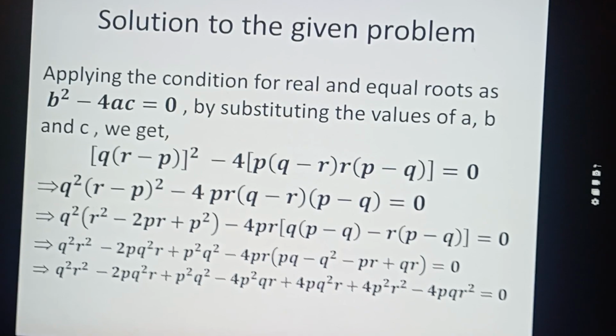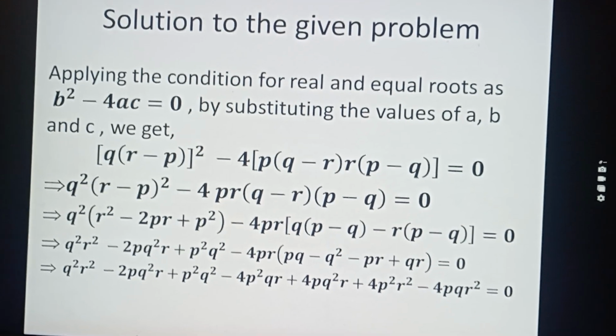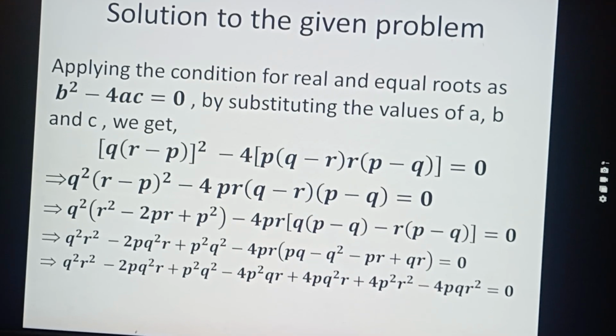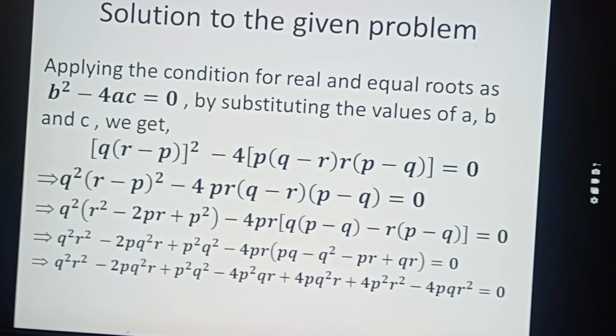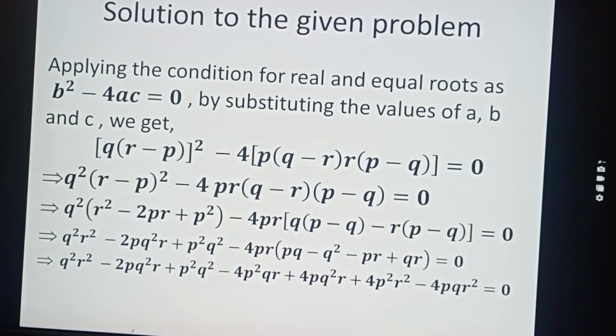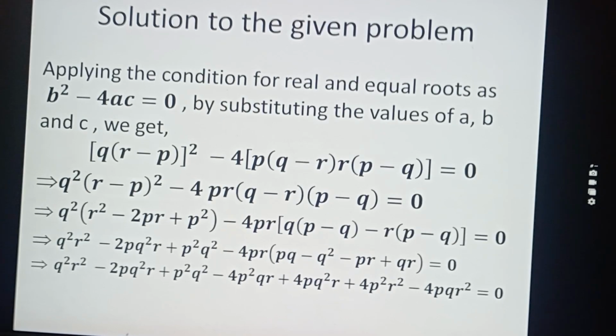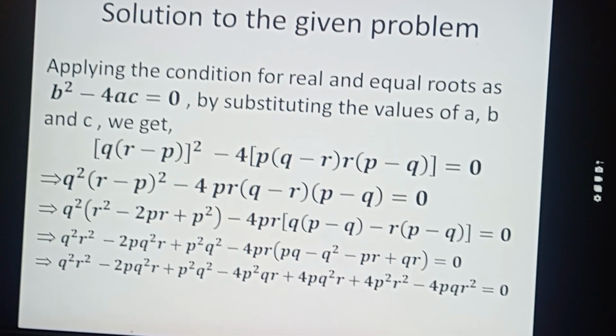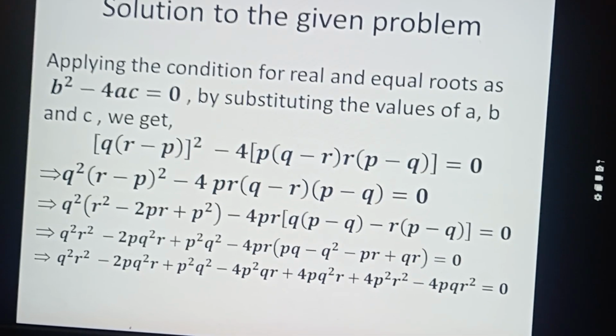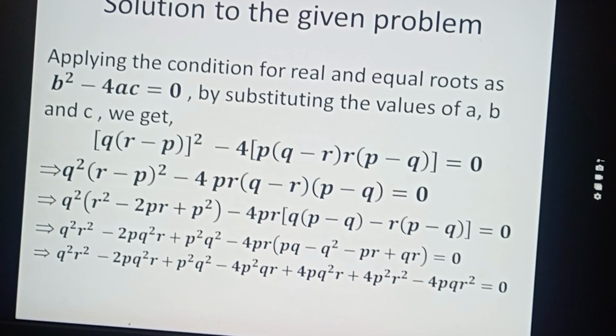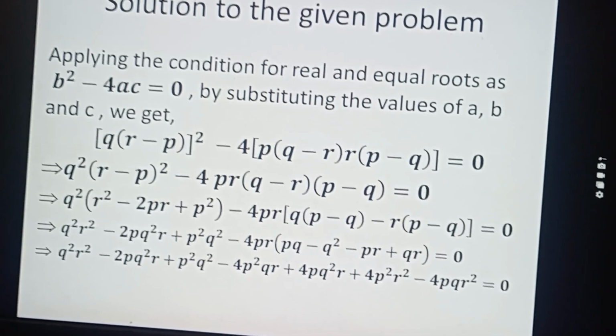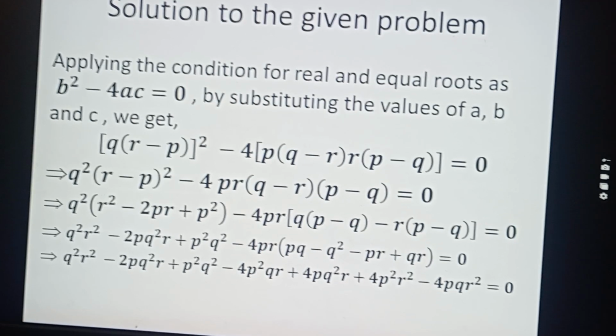After this, equal to 0, we are removing the brackets step by step. There are multi-level brackets after 4pr. Note that we have introduced square brackets there because there are already some lower level brackets inside.